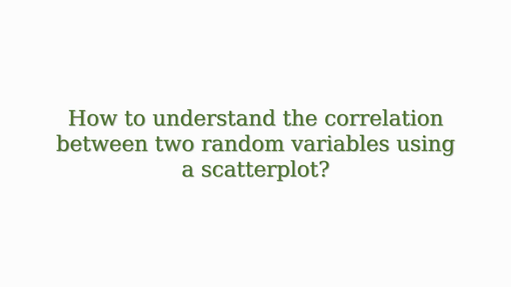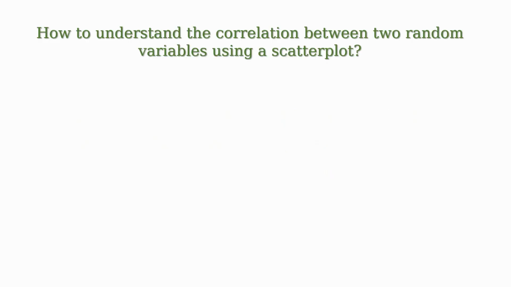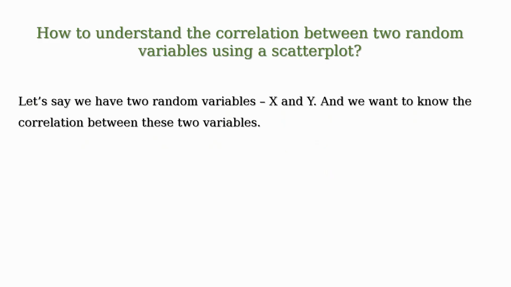In this video, we will discuss how to use a scatter plot to understand the correlation between two random variables. Let's say we have two random variables x and y, and we want to know the correlation between these two variables.